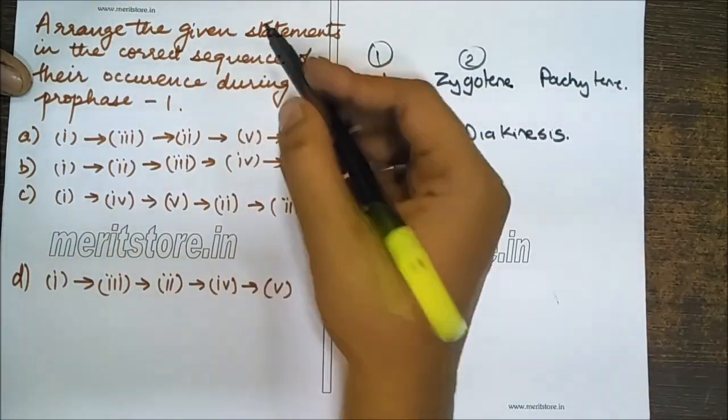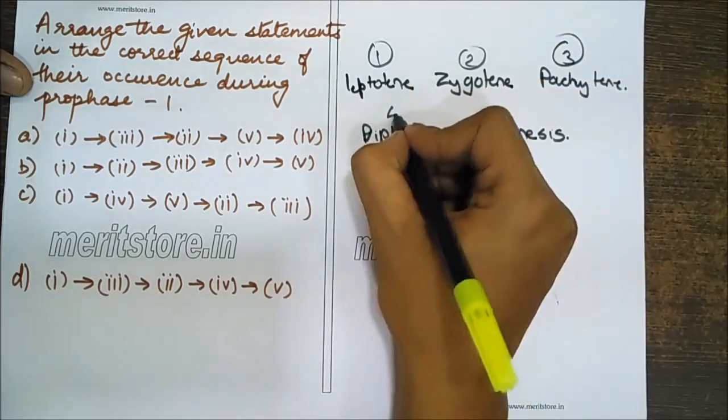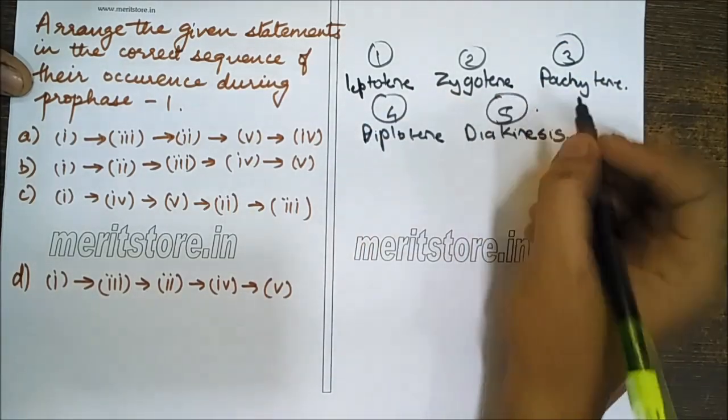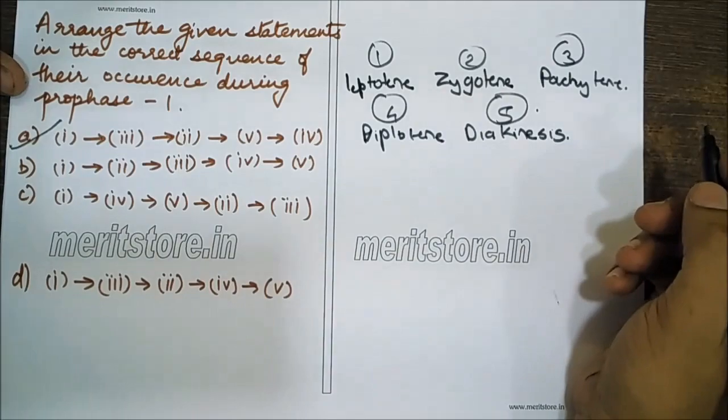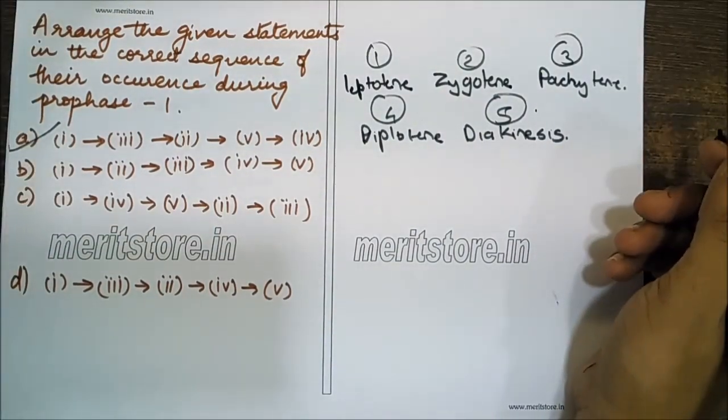Different orders of these phases are given to you. This is the correct order. Okay, so the correct option is A. Next question.